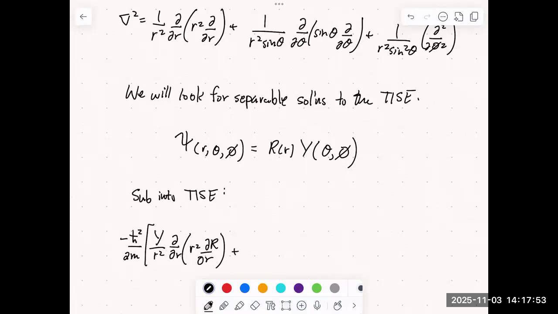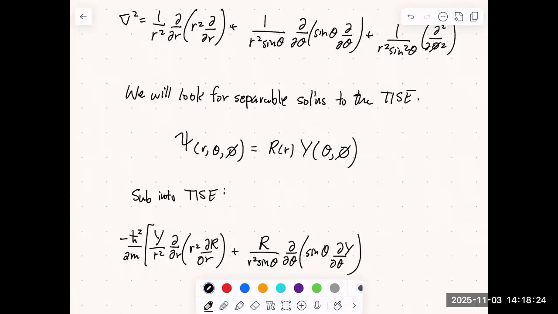Then we have plus, we have r squared sine theta, d by d theta, sine theta, d by d theta. Okay, this time, when we put our wave function here, we have R times Y, but these are all theta derivatives, so the R comes out over here. So we'll put in our R here, and our Y goes there.